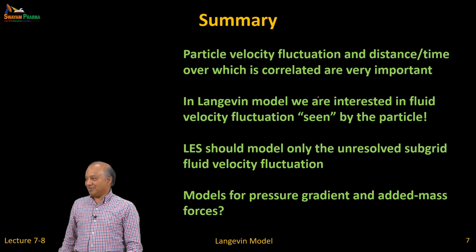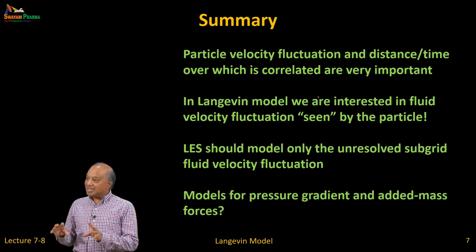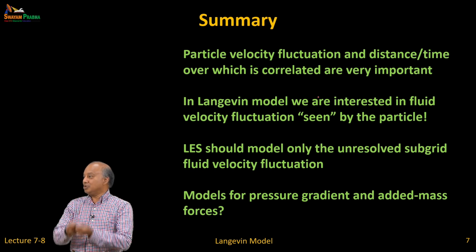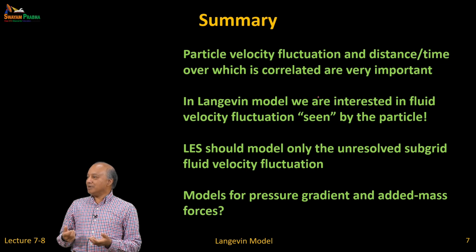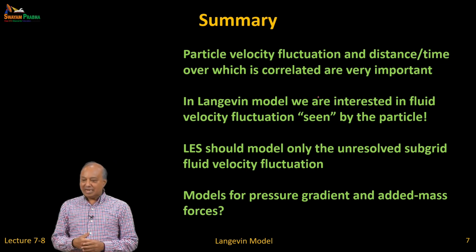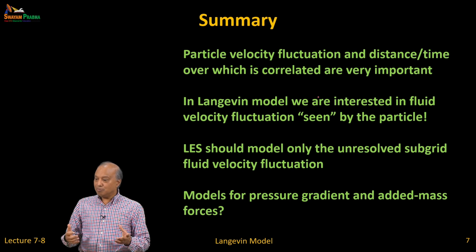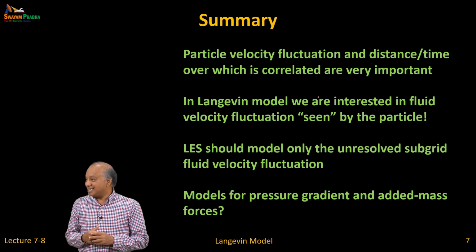You have to give a random kick, but the random kicks that you're going to give will have the physics in it. The two physics of memory, and the kicks must be of the right kind so that the particle will mimic what it really should be doing. So ultimately the goal is that when you put it in and you move particles around, the behavior should be as if we have done a DNS.